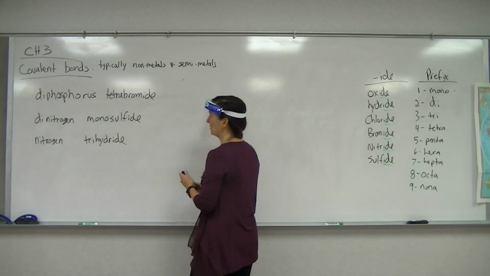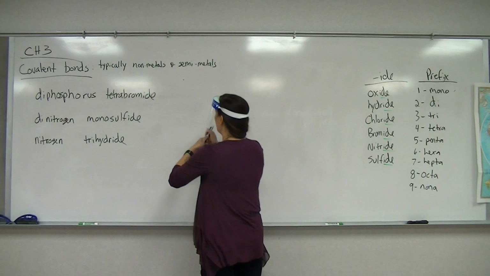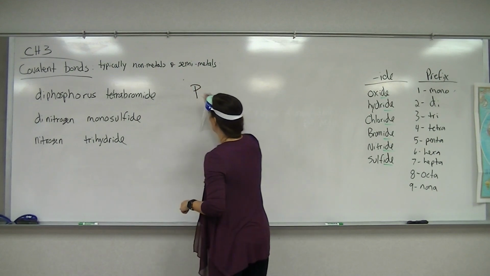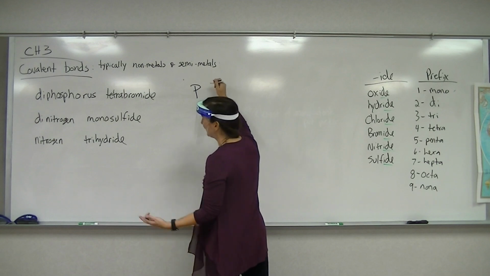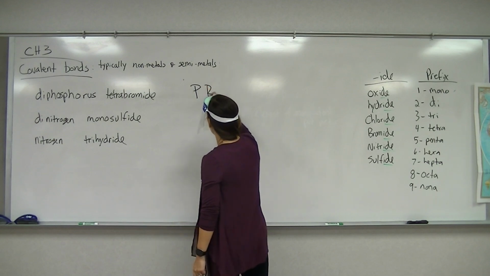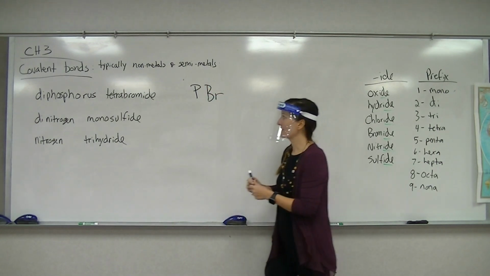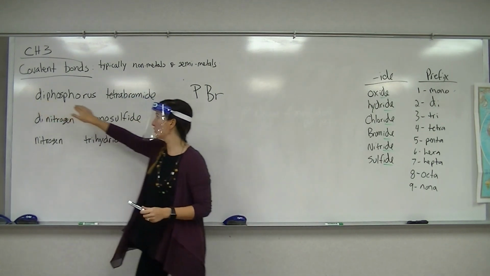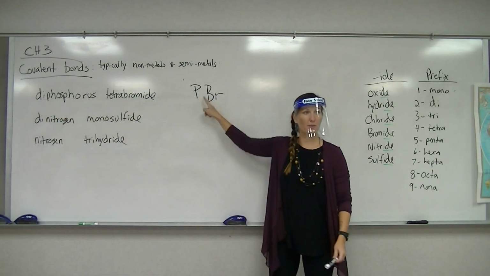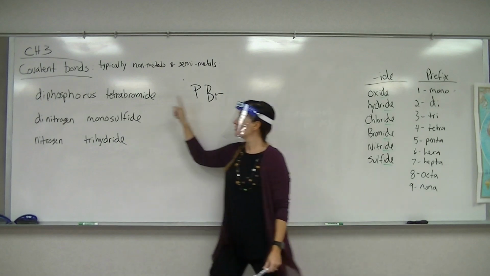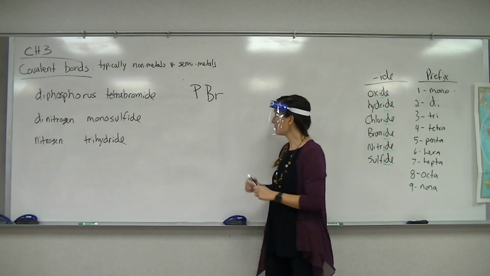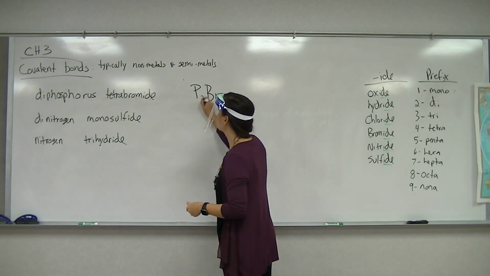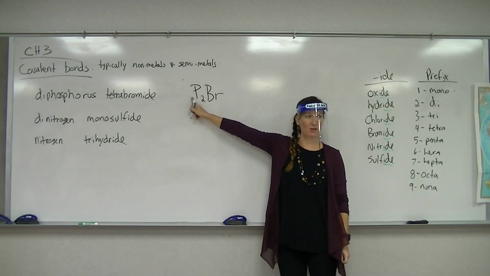And find its symbol. So phosphorus' symbol is P. And then bromine, I should say, Br. Now you're not done. That's what the prefixes are for. They tell you what numbers, what subscripts are going to go here. So di tells me 2. So that means there are 2 phosphorus atoms in this compound.